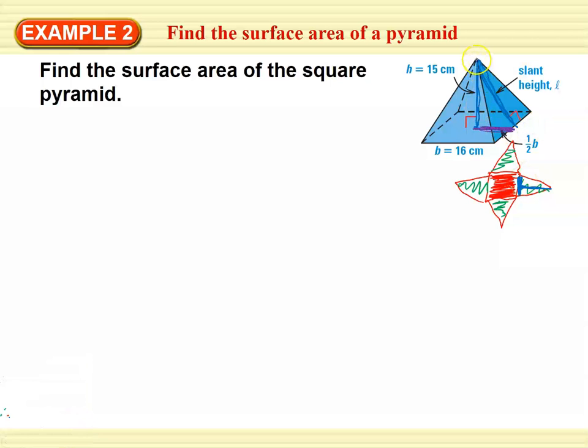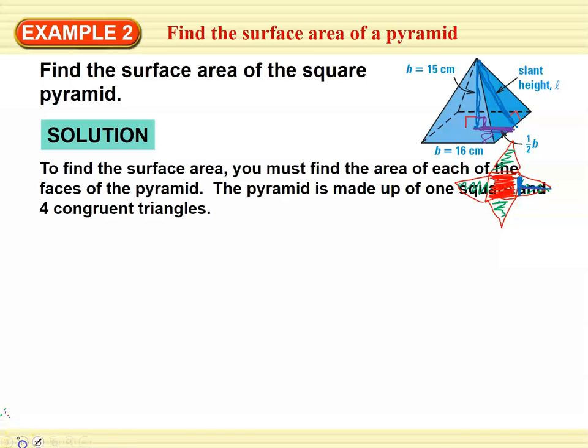And because this goes from the center down to smack dab in the middle of this square, that means that this distance right here has to be 8, because the whole way across the square is 16, so half the distance across the square is 8. So now I have this right triangle here, and this is 15, this is 8. I need to know that slanted height, which would correspond to that height. So we have to use Pythagorean theorem in order to find that slant height.